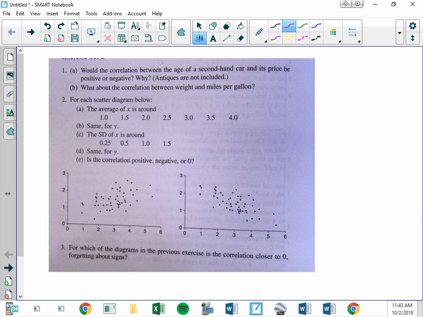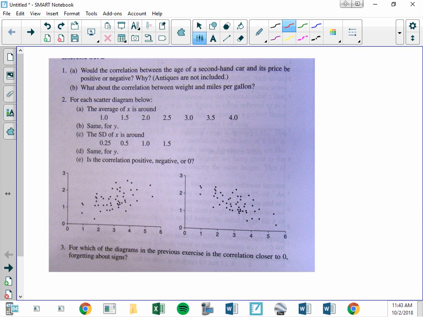So look at the shape of the football on 120. Is it going to be positive or negative? Positive. Is there a high correlation or a weak correlation? It's pretty weak, so is it 0.8 or 0.5? 0.5. Okay.